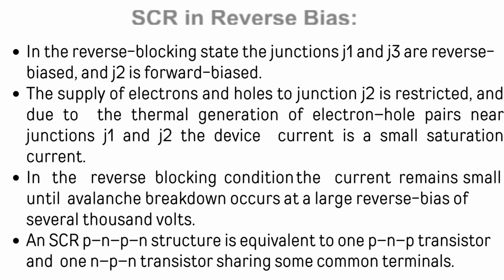In the reverse blocking condition, the current remains small until avalanche breakdown occurs at a large reverse bias of several thousand volts. An SCR PNPN structure is equivalent to one PNP transistor and one NPN transistor sharing the same common terminals.